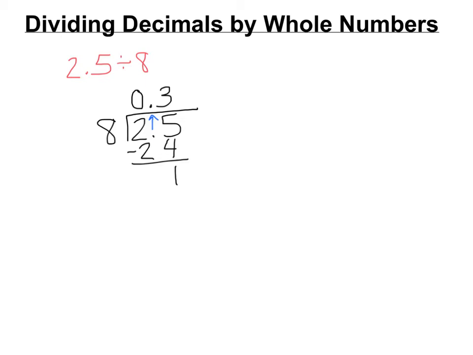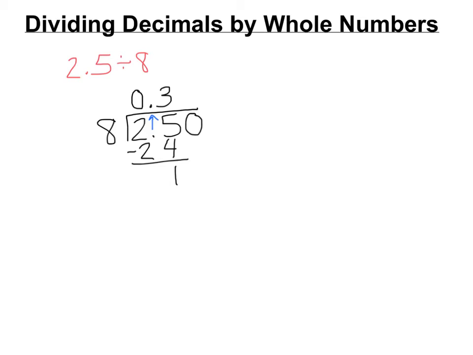So, I need something more to bring down. Well, this is where we need to remember that we have as many invisible zeros at the end of my decimal as I need. We usually reduce them and drop them, but they're still there, they're just invisible. So if you need them, put them in.